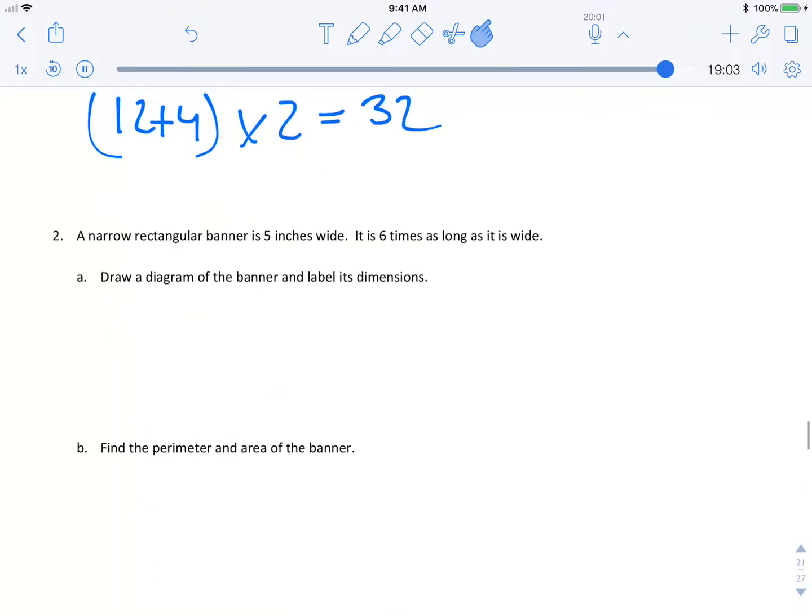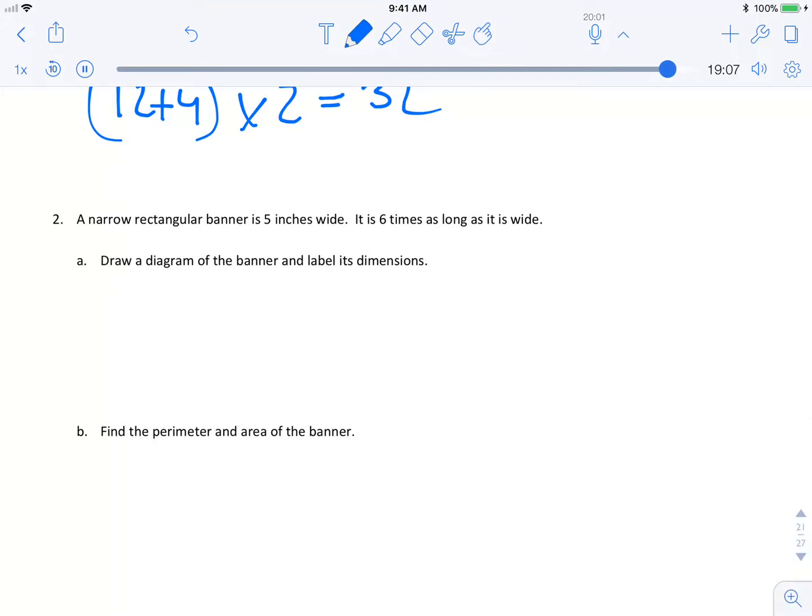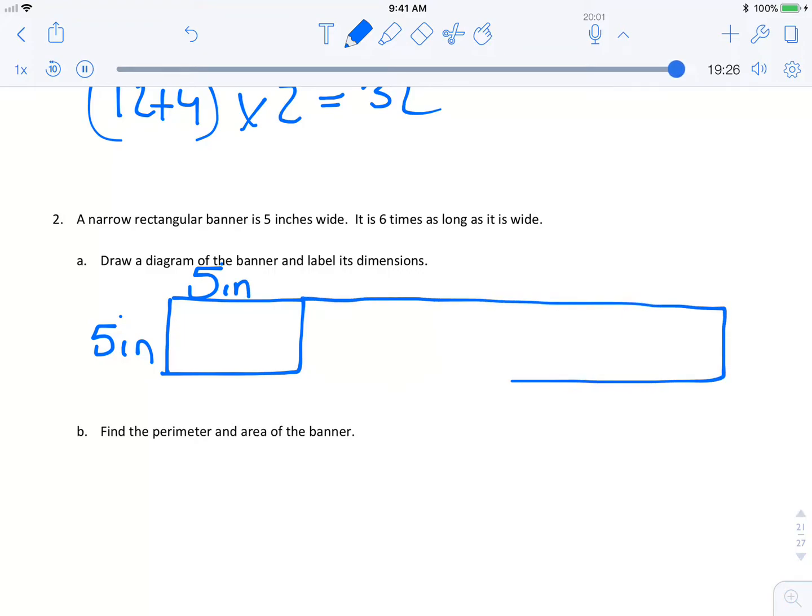Okay, a narrow rectangular banner is 5 inches wide, so let's draw a box, 5 inches. It is 6 times as long as it is wide. Okay, so let's make that length of 6 times, 6 boxes, 1, 2, 3, 4, 5, 6, and that means 5 is going to happen 6 times. 5 inches, 6 times.